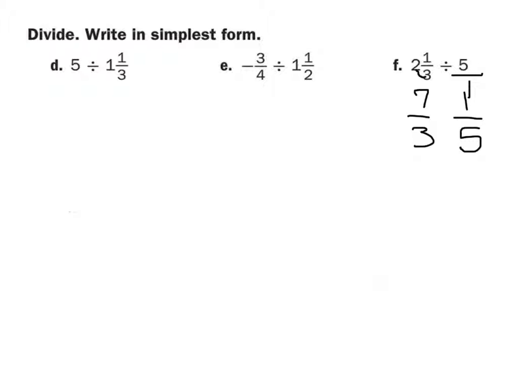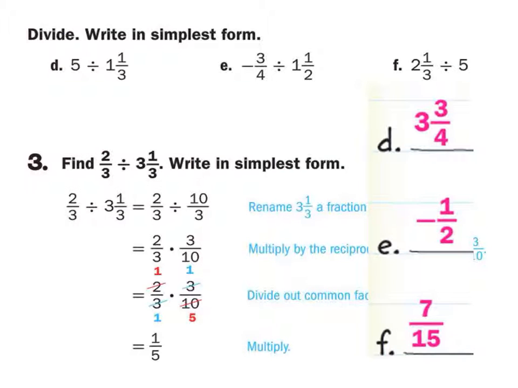So then that's 15 over 7. Very good, Savannah. Should she simplify? No, she cannot. So this is good. 7/15. Excellent work.